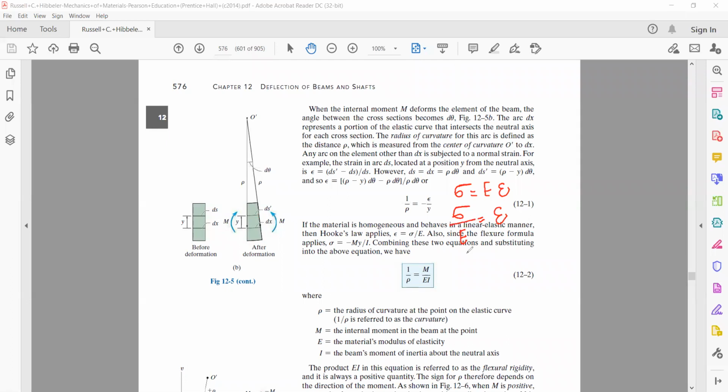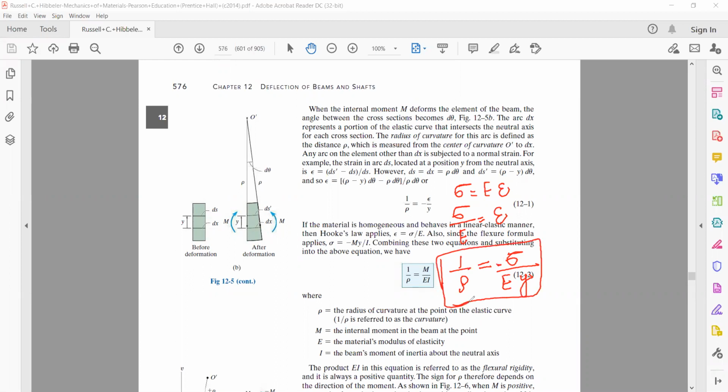Therefore, we can write 1 by rho, in place of strain, as this stress divided by Young's modulus, and in fact you have a minus sign here as well.